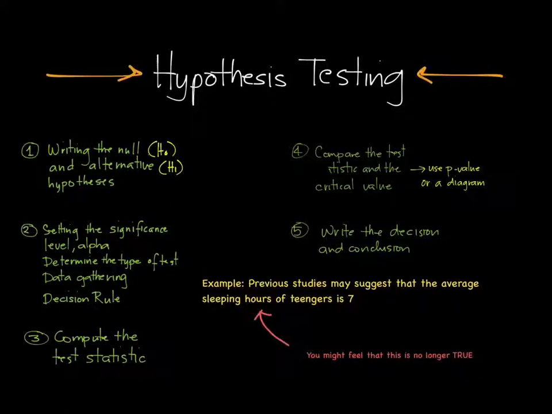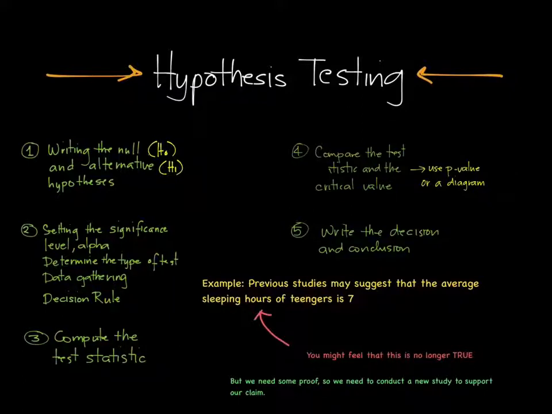Now, you cannot make that claim that will replace the status quo, what is already believed to be the average length of sleeping hours, without providing any statistical basis. So we need to perform some data gathering, we need to calculate some values, we need to perform this hypothesis testing before we can establish a new belief or possibly reject what is currently known.